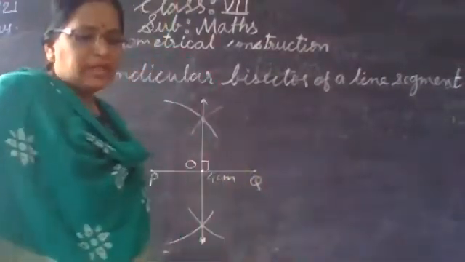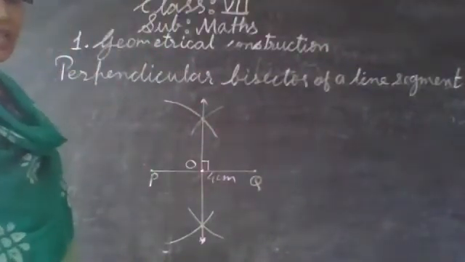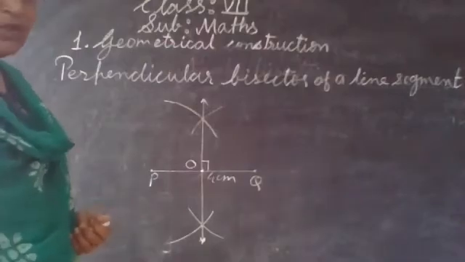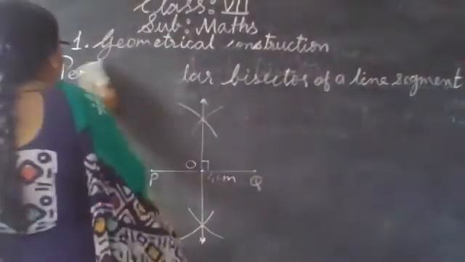Another term, the property of the angle bisector of a triangle.